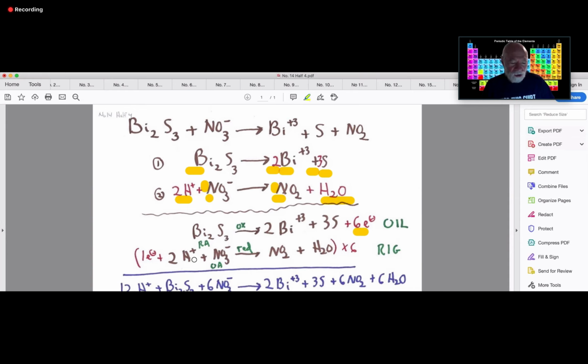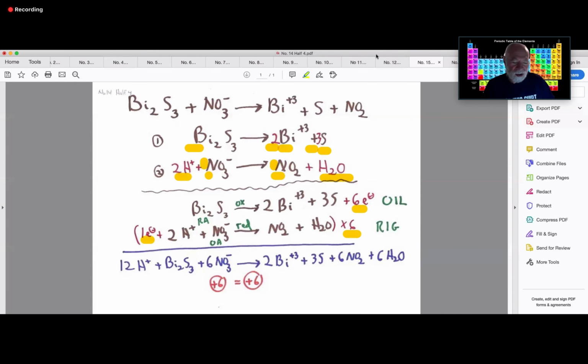Oh, I see. In terms of charge, we have a +2 from the hydrogens, a -1 from the NO3. So I have a total +1, so we need 1 electron on the left. What do the numbers 1 electron and 6 electrons suggest to you? Yes, we will double the bottom one. We'll multiply it by 6. Everything gets multiplied by 6.